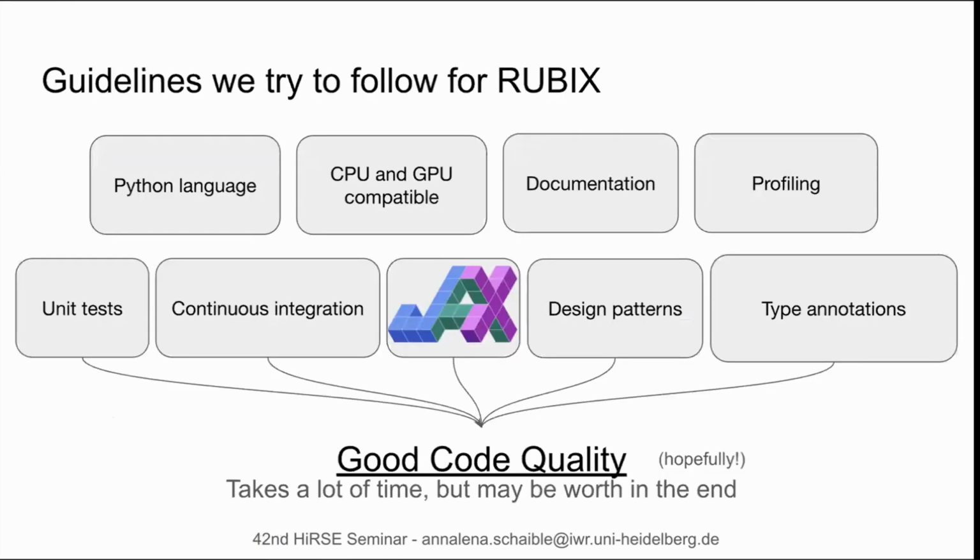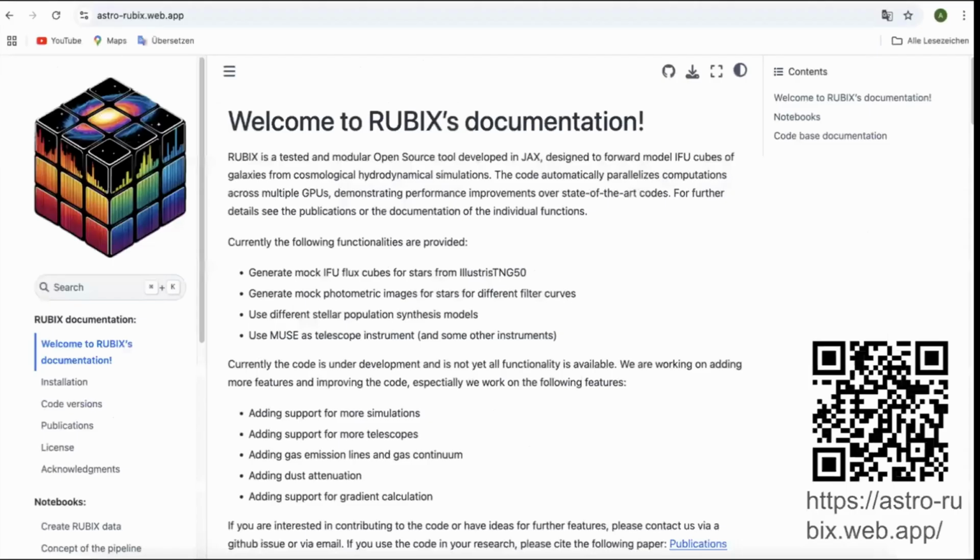And with that, we also tried to follow some guidelines for Rubix. We used Python because most physicists are familiar with Python. We implemented CPU and GPU support, where the GPU support is easily achieved by using JAX. We have a documentation set up, so you can just go to the web page if you're interested in the code.